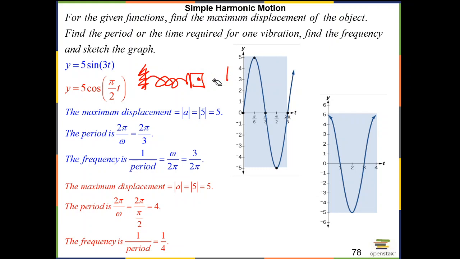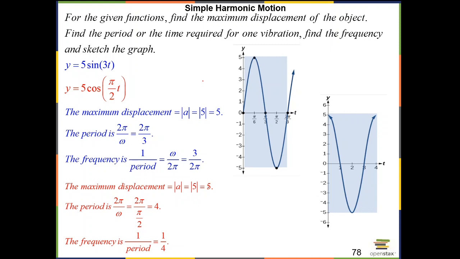Let's say we leave this spring over here. At the moment it is at this point. Now let's say we stretch it all the way here and then let it go. So that's the maximum displacement. And that is the amplitude of this function, which is 5. So maximum displacement is 5.